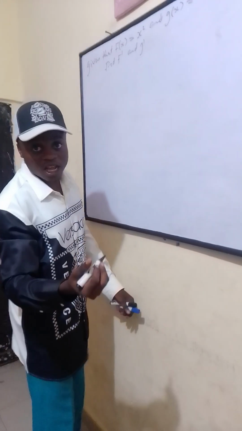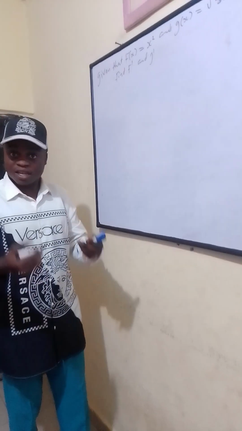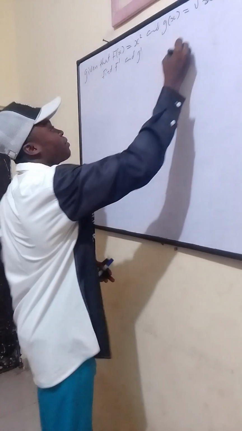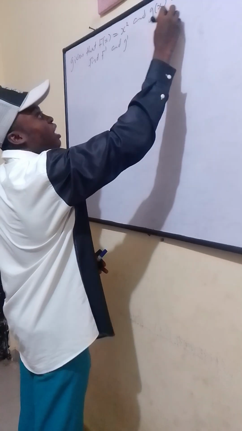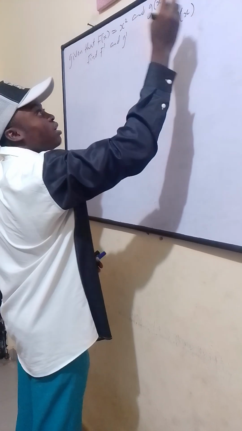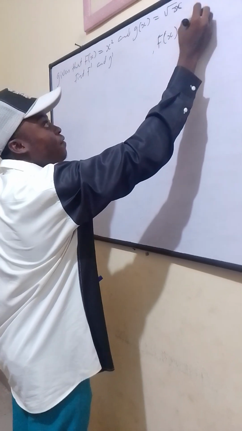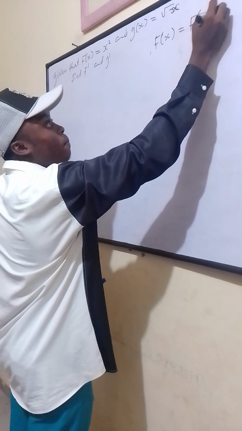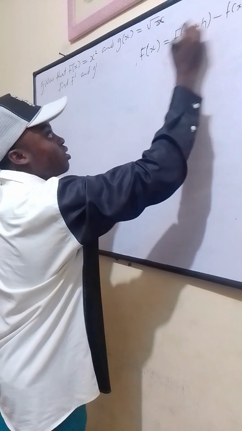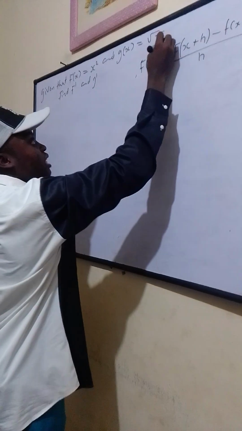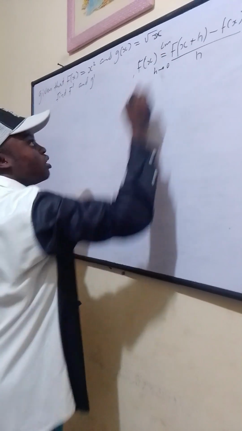Recall in your secondary school level or your O level, or even year 1, first semester and second semester, that f prime of x is the same thing as the limit of f of x plus h minus f of x all over h, as h approaches 0.